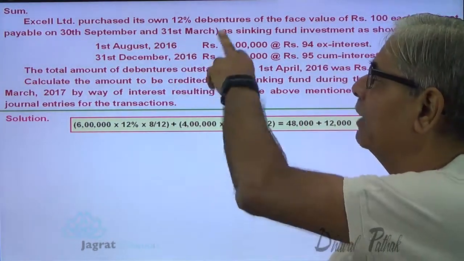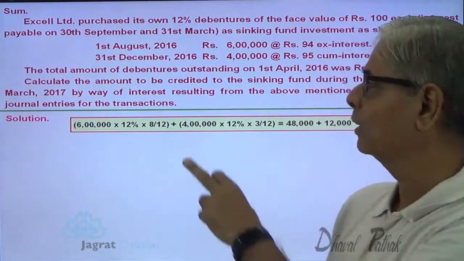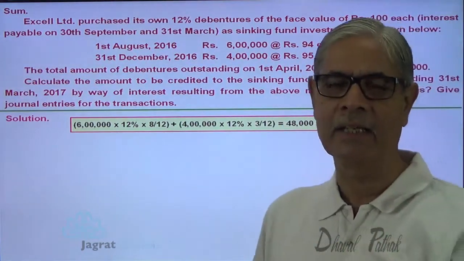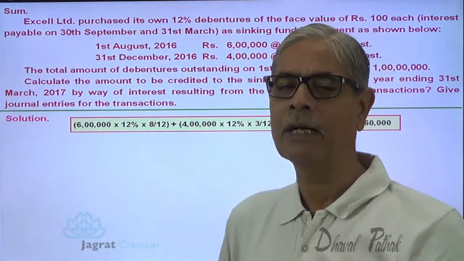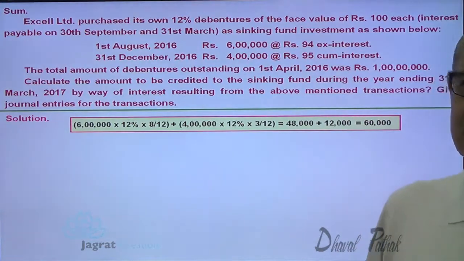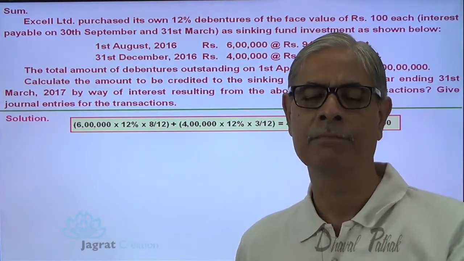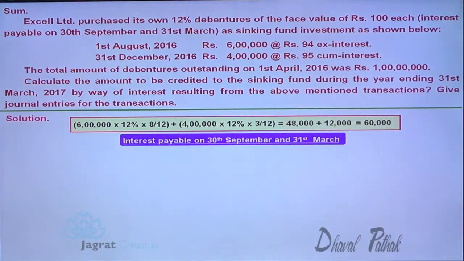And similarly, I want to find out the amount to be credited to sinking fund on 31st of March. This is the total amount during the year that ends on 31st of March 2017 that gets credited to sinking fund. But I want to get the same answer, 60,000, by way of bifurcation between the interest dates. Just observe. Interest payable on 30th September and 31st of March.